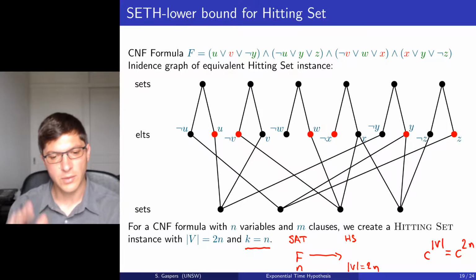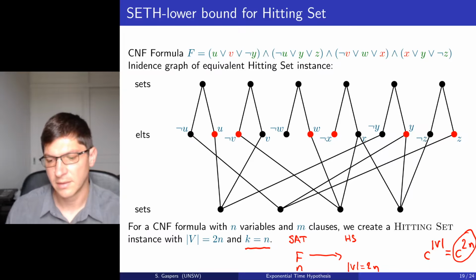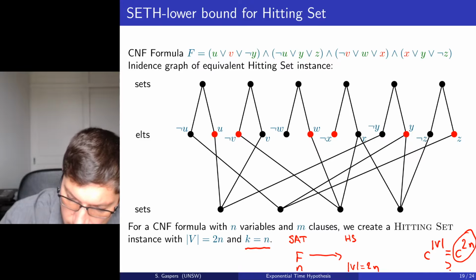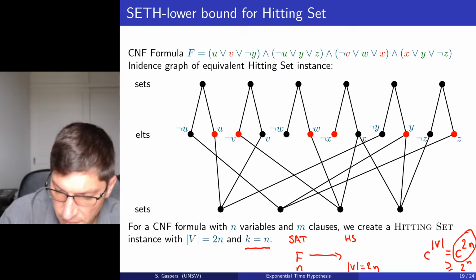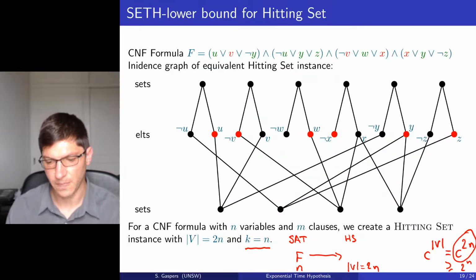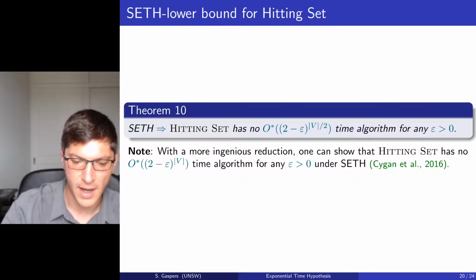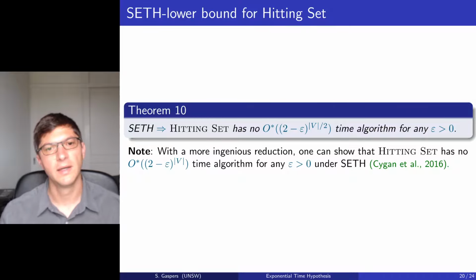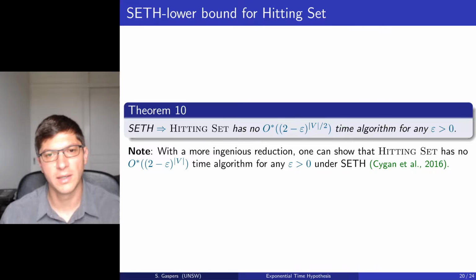So the strong exponential time hypothesis supposes that c to the power n is, well, this is at least 2 to the power n. So roughly, c squared should be at least 2. So that's why we can conclude now that under the strong exponential time hypothesis, hitting set has no O star of 2 minus epsilon to the power number of elements divided by 2 time algorithm for any epsilon greater than 0.